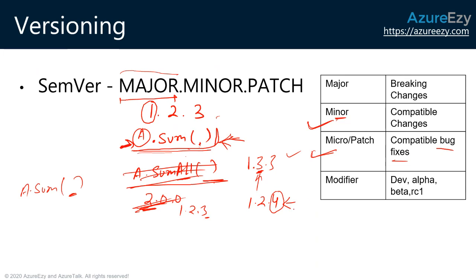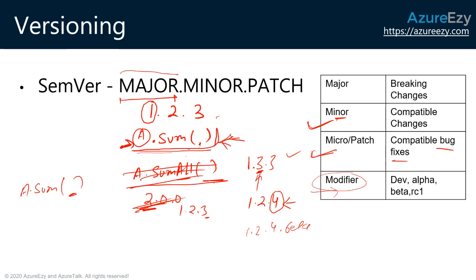And then certain packages or certain softwares use a modifier as well. Here we do not use a modifier, but in some cases you might have heard of 1.2.4 beta or alpha or release or RC1, whatever, based on the functionality. So sometimes they will release 1.2.4, but they will call it dev because it is not yet productionalized. I mean, it is not ready for production.